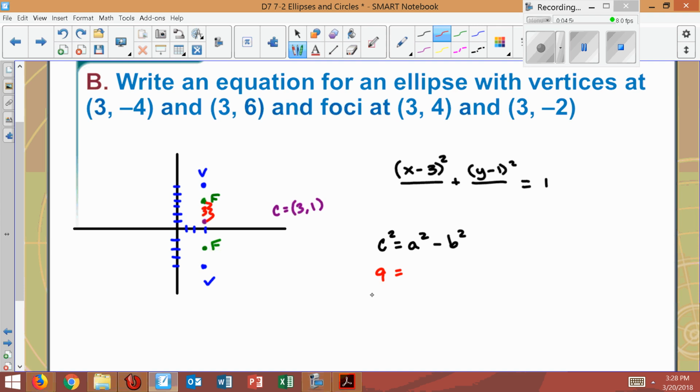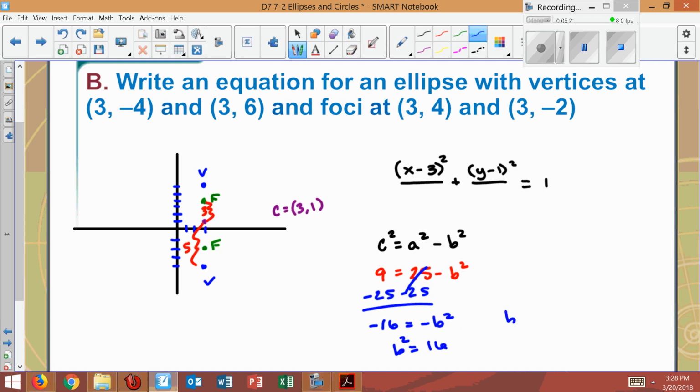The a is the distance from the center to a vertex, which we said earlier is a distance of 5. So 5 squared would go here, which is 25. And now I can just solve for my b squared. So I subtract the 25, and I get negative 16 equals negative b squared, which means that b squared equals 16.